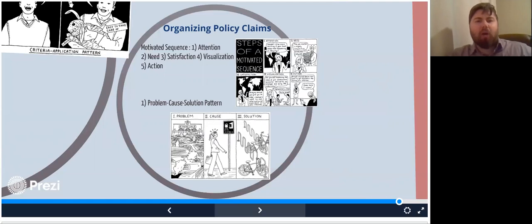And then you also have a problem-cause-solution pattern, where you show that a problem exists, you show what the cause is, and then you create a solution for that. So for example, with the COVID-19 virus, because it's more transmissible and it spreads more easily, people say, okay, the problem is that it spreads so quickly.